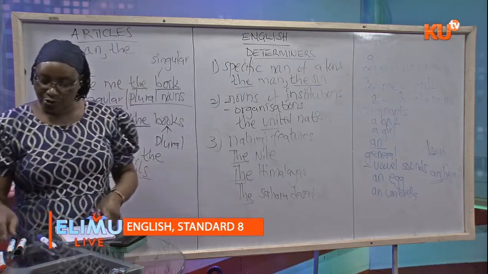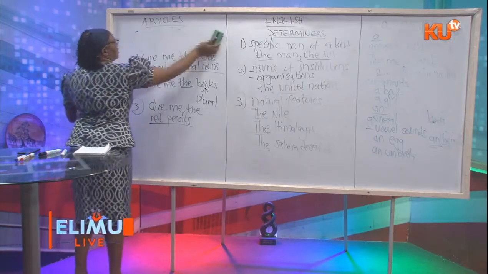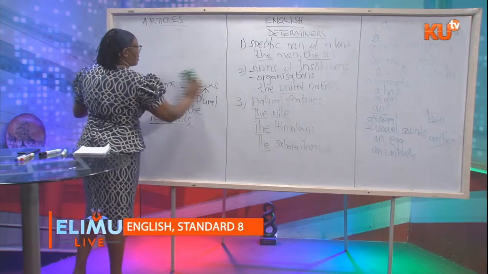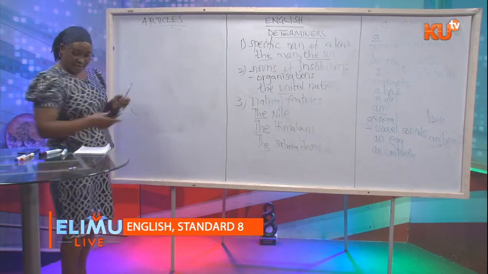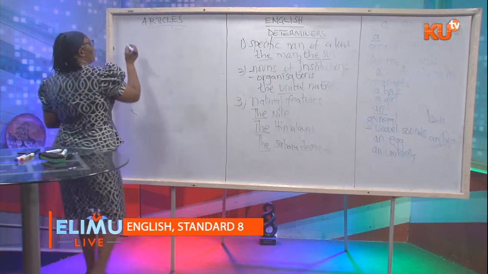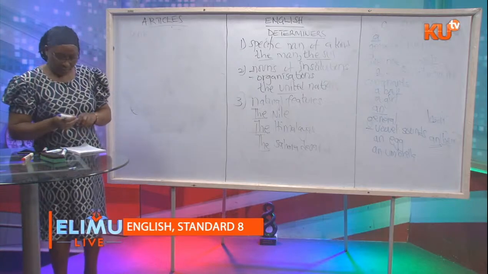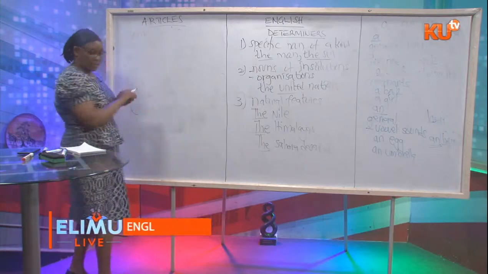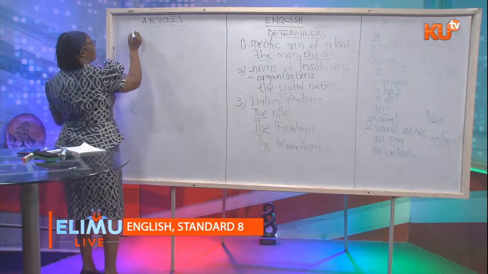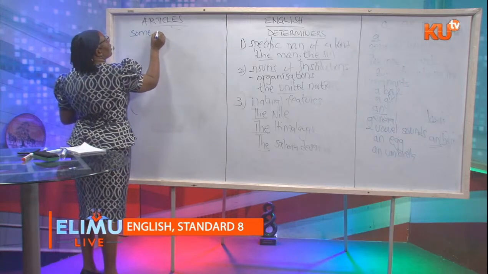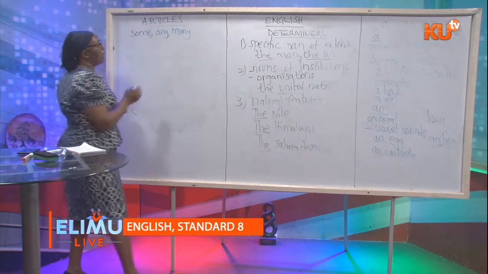We move on to use of other determiners. The other determiners that we'll talk about are determiner some, and determiner any, determiner many, and much.